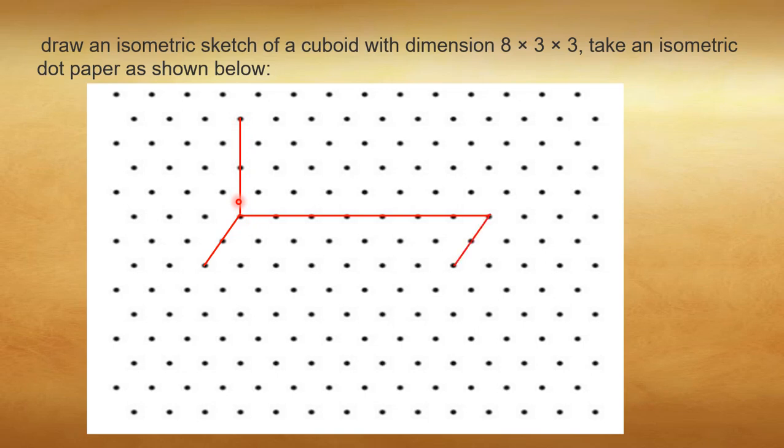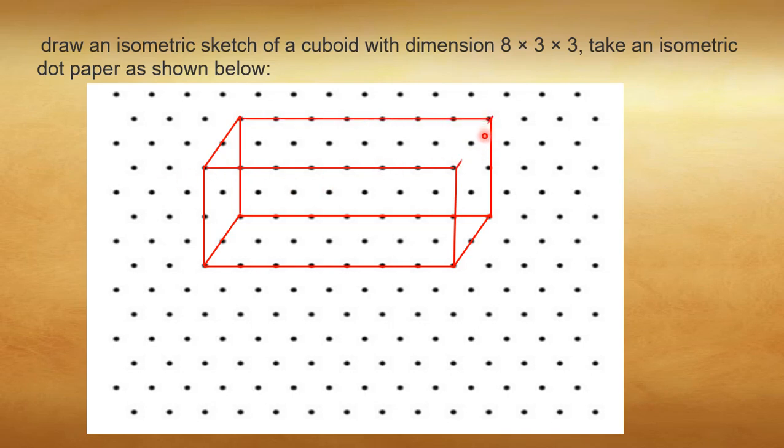Similarly take 3 units for breadth, 8 dots for length, 3 dots for height, 3 dots for breadth, 3 dots for height again. 1, 2 and 3. Again 1 2 3. So 8 dots are length and 3 dots are the other dimensions. So this is the isometric.